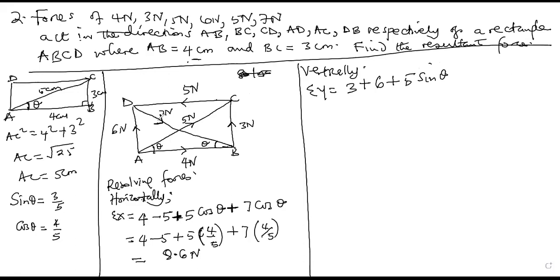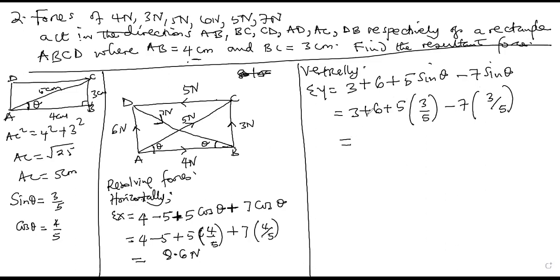But this one of 7, it is going in the positive east, but negative y. So it will be minus 7 sine theta. So this is going to be 3 plus 6 plus 5. Remember, sine theta is 3 out of 5 minus 7 sine theta, which is 3 out of 5.